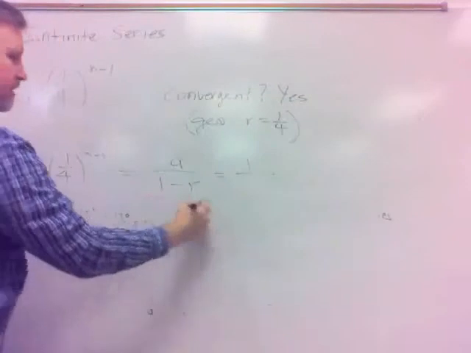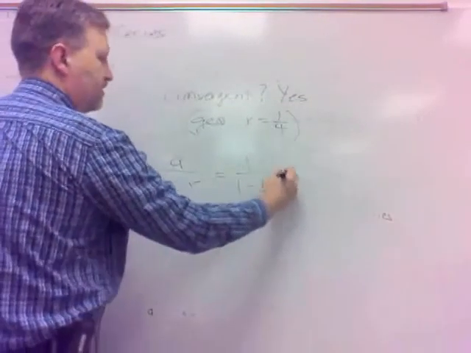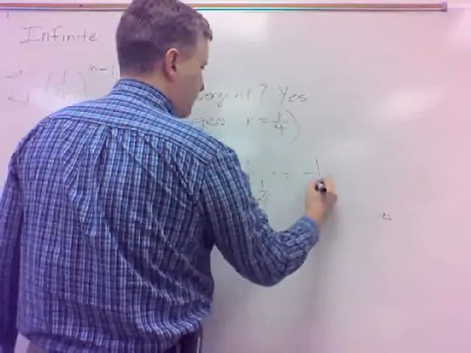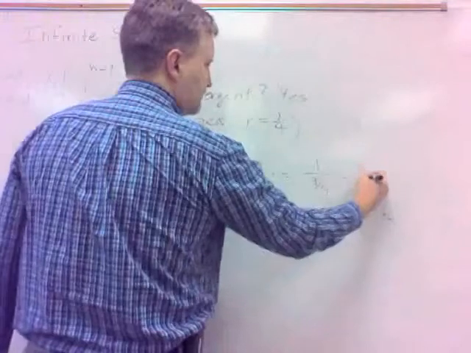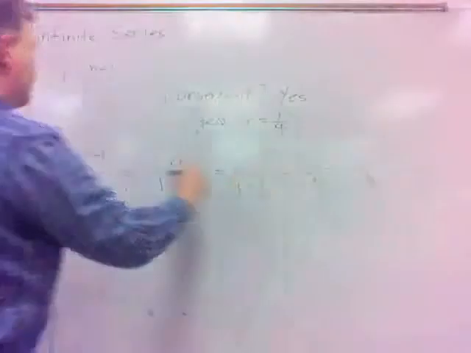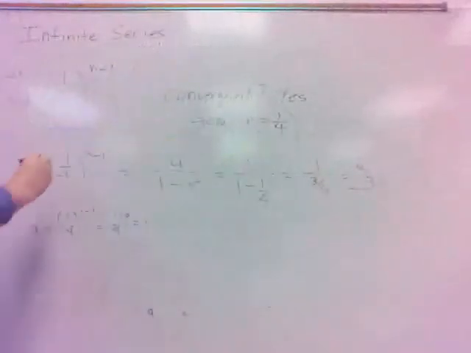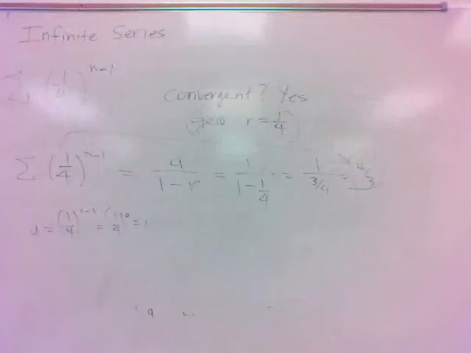So 1 is the first term. R is 1/4. So it's 1 over 3/4, which is 4/3. So this whole entire series converges to 4/3, 1 1/3. Add up all the terms of that infinite series, we still can add up all the terms.